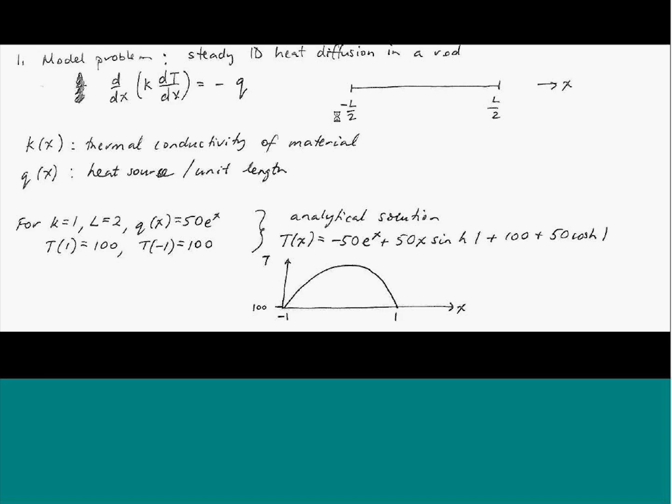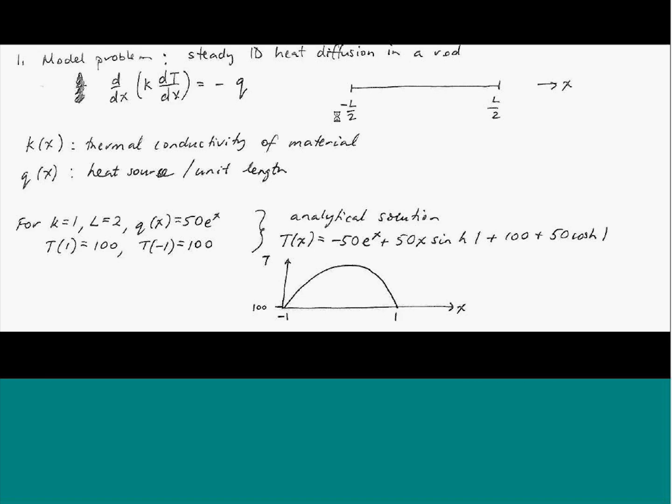Okay, so that's just what comes out of this analytic setup, and that's maybe a little bit hard to think about. So let's just sketch what T of X looks like as a function of X. So there's X going from -1 to 1. If we stick in X equal to -1, then we should be getting the boundary condition back, T is 100.